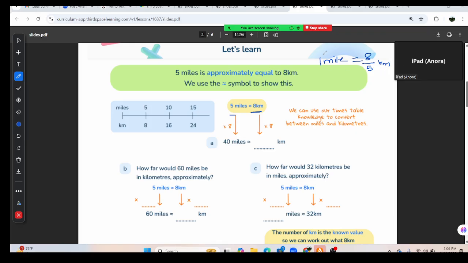Did you get how I wrote this? Because 5 miles is equal to 8 kilometers, so in 1 mile, how many kilometers would be there? So I would just divide 8 by 5, right?